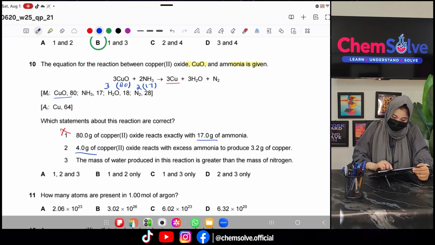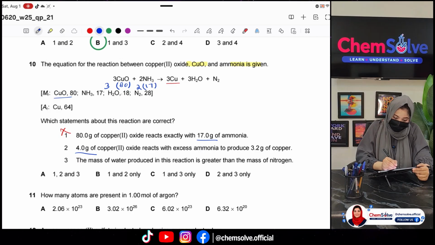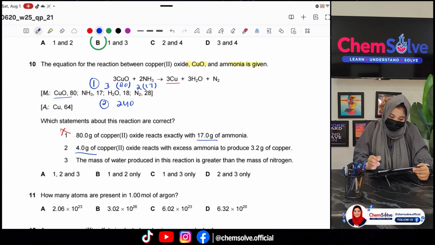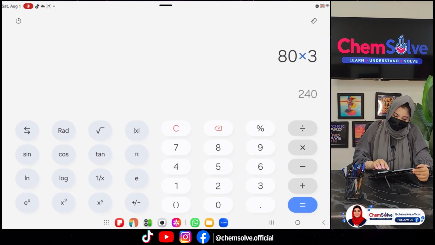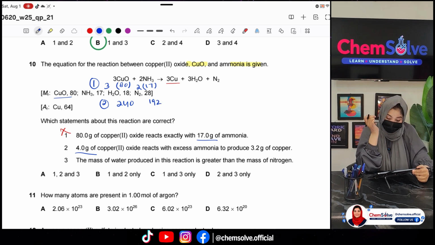So let's calculate. 80 multiplied by 3 is 240. This was for statement 1. It is 240 for copper oxide here, and copper is 64. So 64 multiplied by 3, this is 192 here. Okay. So 240 and 192.